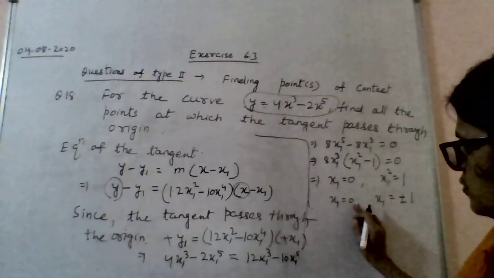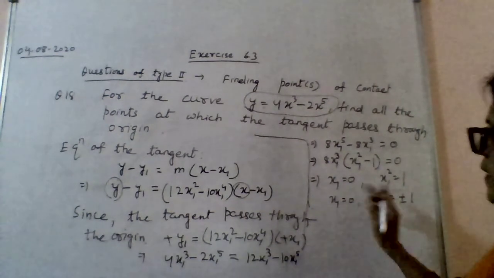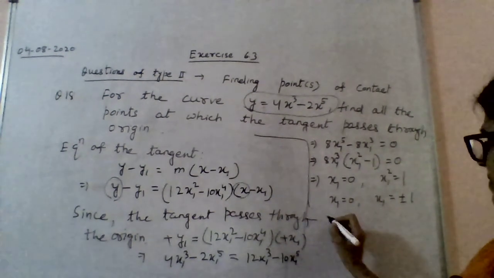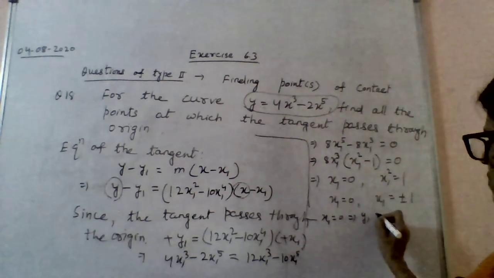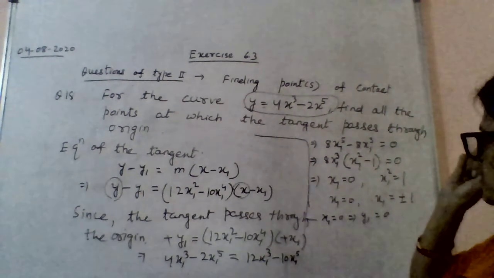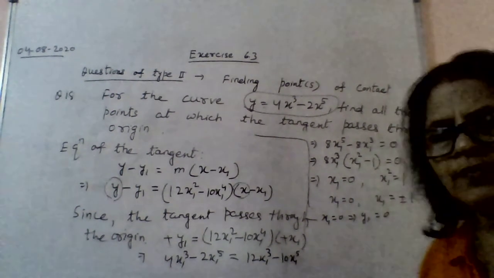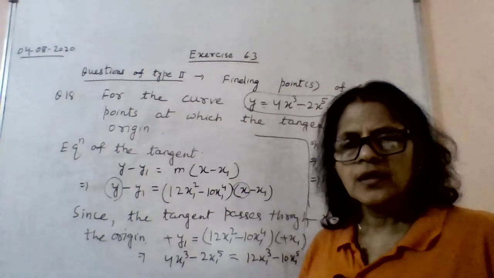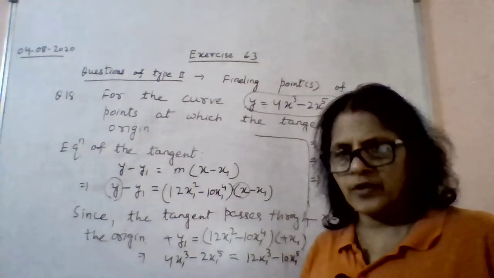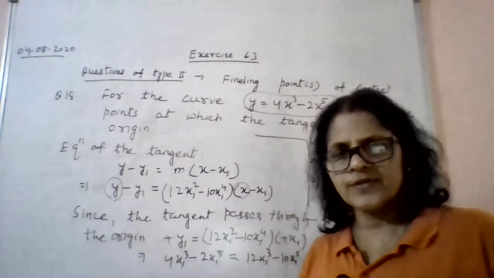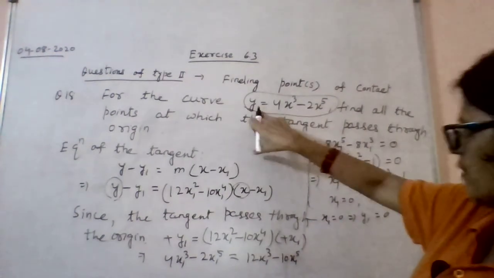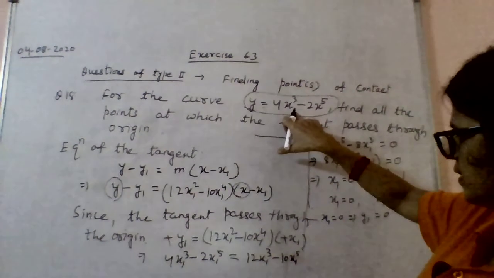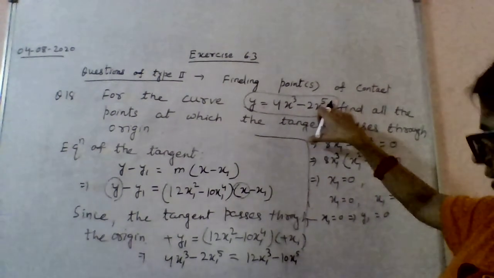If x1 is 0, y1 will be 0. Why? Because whenever you take x1, y1 on the curve, the point of contact will satisfy the equation of the curve. So y1 is 4x1 cube minus 2x1 power 5.